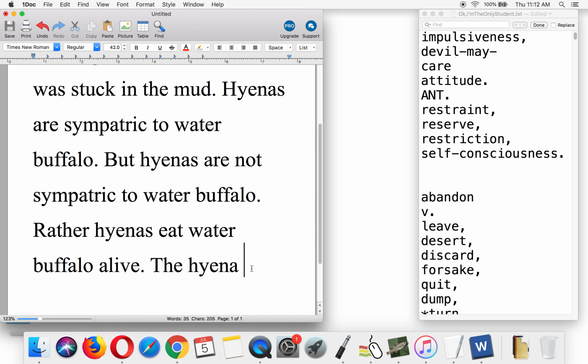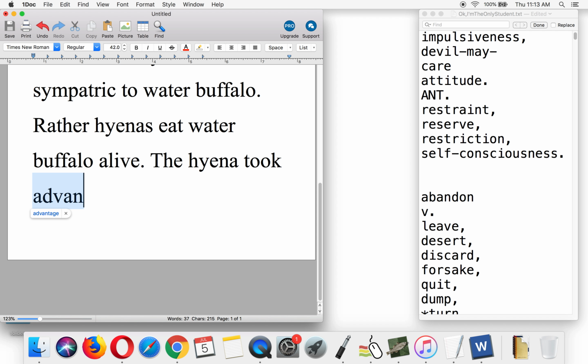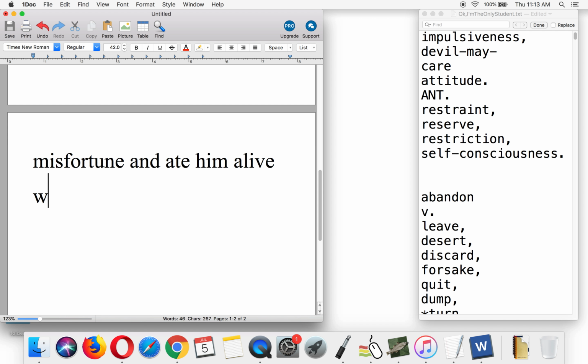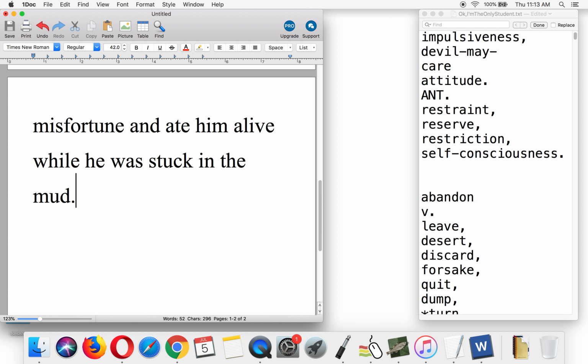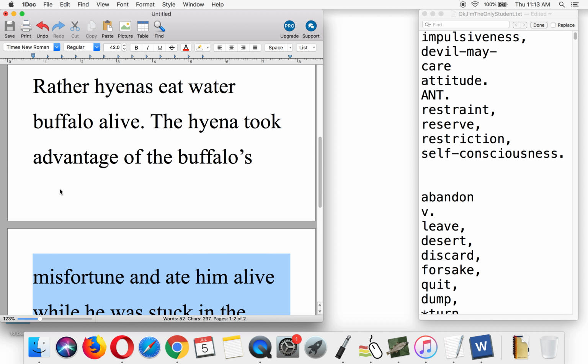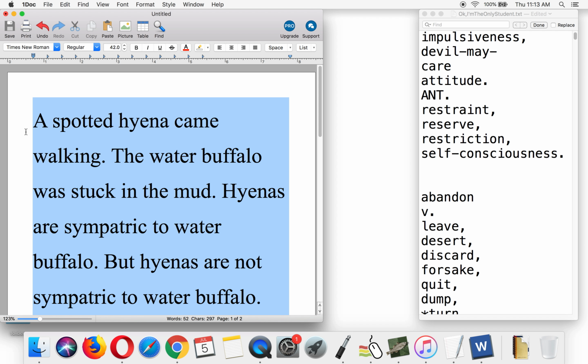The hyena took advantage of the buffalo's misfortune and ate him alive while he was stuck in the mud. That, my friend, is how you write in English. So we learned a few words.